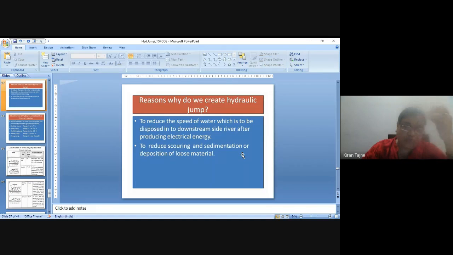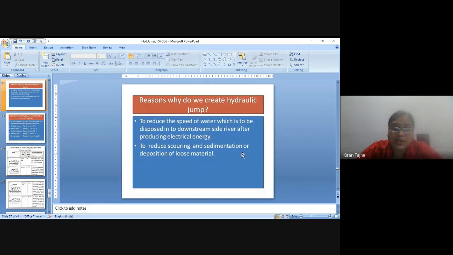For that reason, we have to produce the hydraulic jump. That means the velocity of water will be reduced. That is why the hydraulic jump is provided.